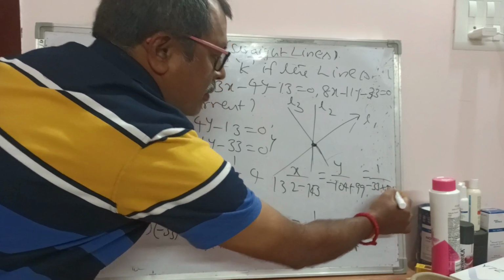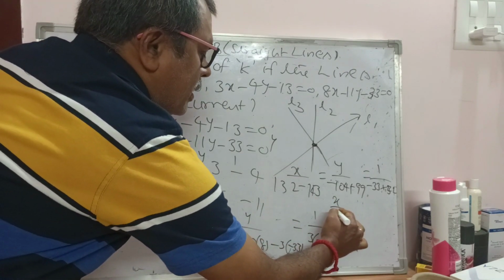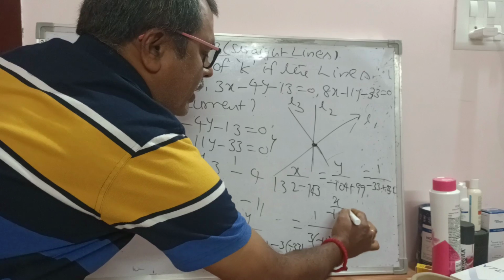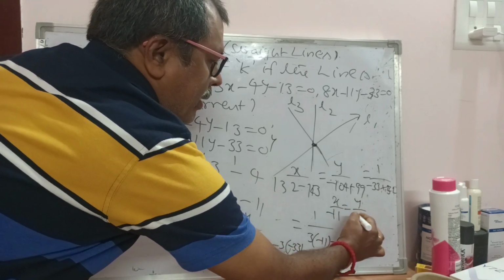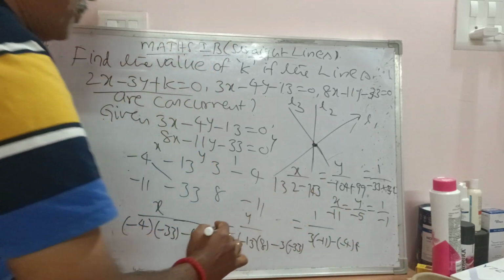Therefore, x by minus 11 is equal to y by minus 5 is equal to 1 by minus 1.